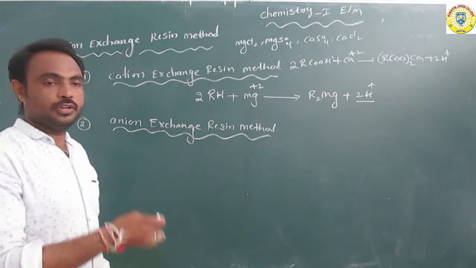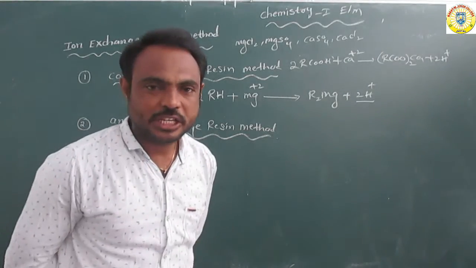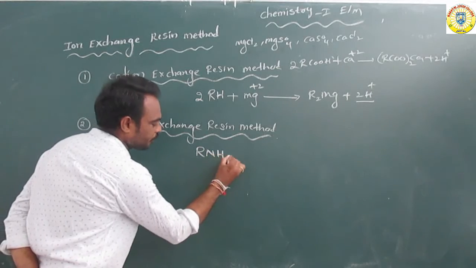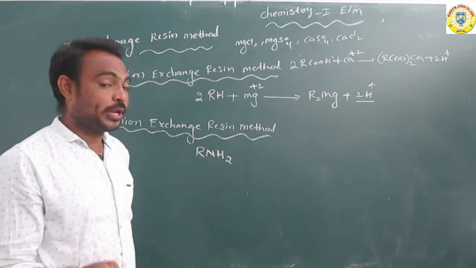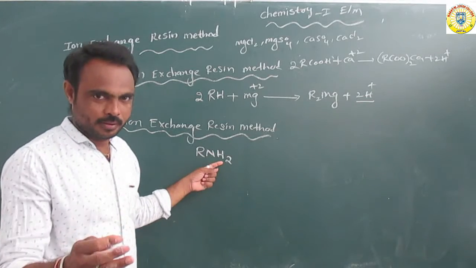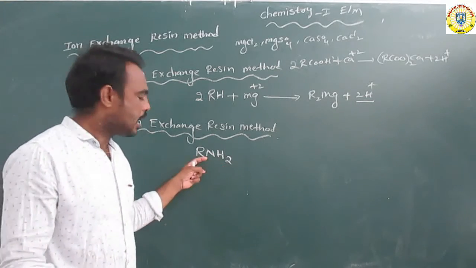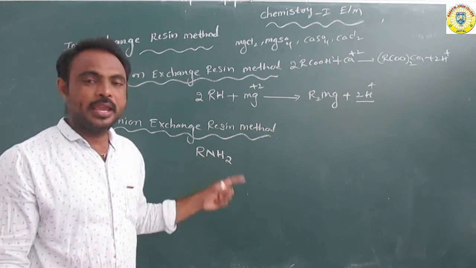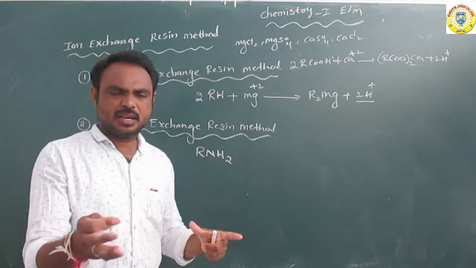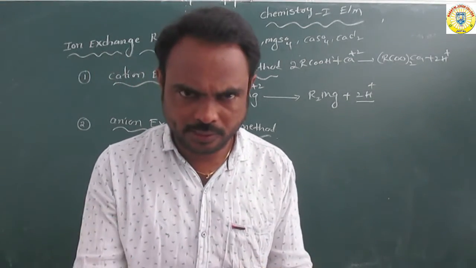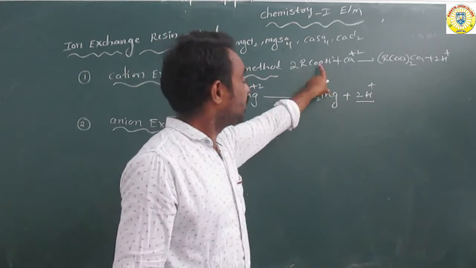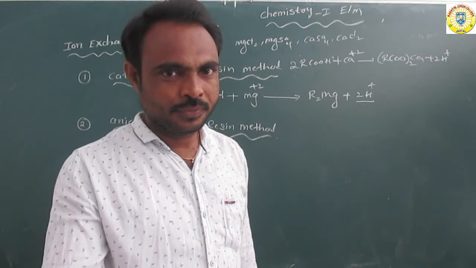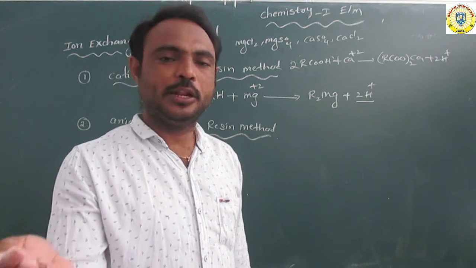Next, the anionic exchange resin method. In this method we use a basic compound, for example RNH2. NH2 means amine, alkyl amine, the amine functional group. COOH means the acid functional group, the carboxylic functional group, like acetic acid, butanoic acid, pentanoic acid.